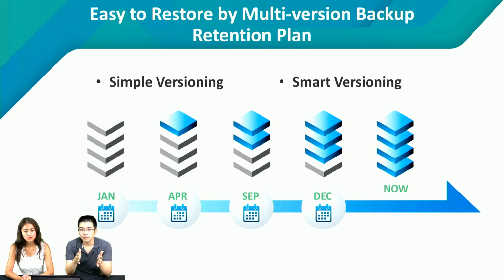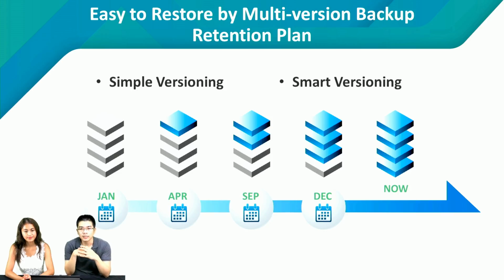But what is smart versioning? Simple versioning is based on how much capacity of your storage you want to assign to your tank or your NAS. But smart versioning can help you keep backups much longer than you want.